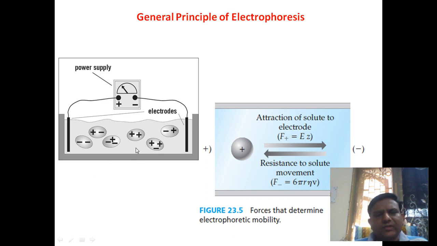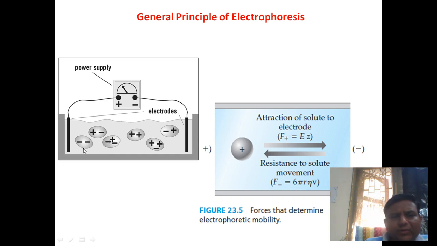Dear students, when the molecules start to migrate toward the oppositely charged electrodes, at that time simultaneously a friction force is acted by the medium, the solution or solvent, on the individual molecules.